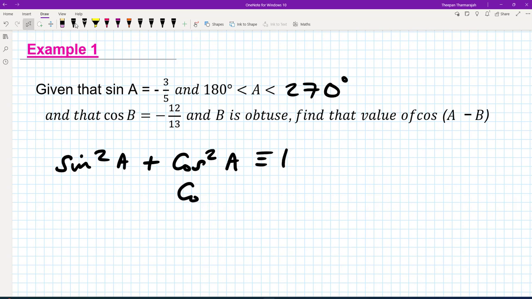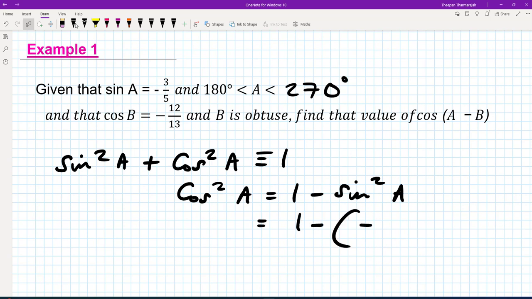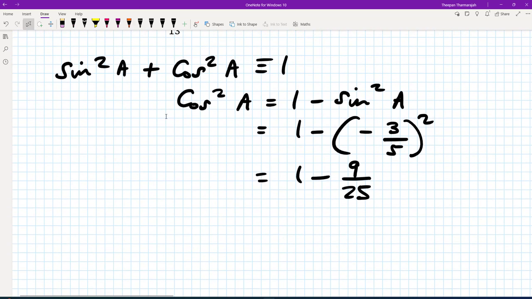Therefore we can say that cos squared A is 1 minus sine squared A, so that's the same as 1 minus minus 3 over 5 squared, which is going to be 1 minus 9 over 25. Don't forget minus 3 over 5 squared is positive 9 over 25 if you square the result, but because you've got a minus on the outside, that's why we get a minus 9 over 25 for clarity.